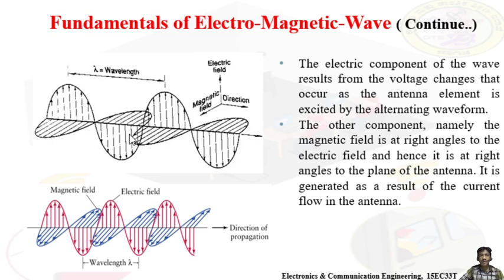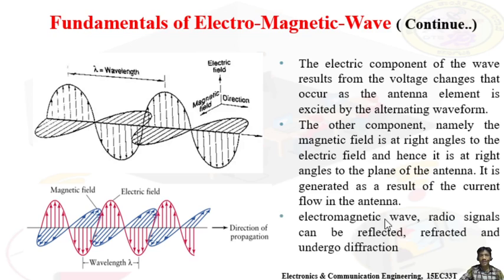If the current flows, you will get the magnetic field. The next point is that the radio signal can be reflected, refracted, and can also undergo diffraction. This electromagnetic wave can be reflected, refracted, and diffracted.